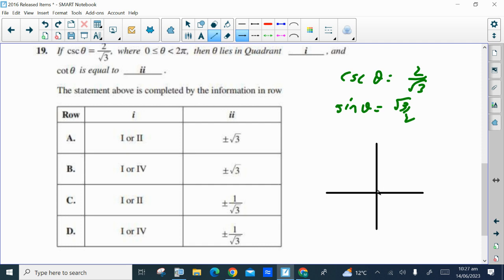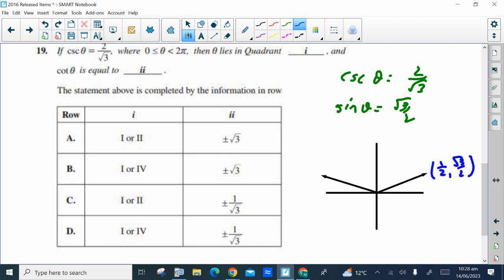And the two places where sine is root 3 over 2 is at 30 degrees and at 150 degrees. Because at those points, the coordinates are 1/2 comma root 3 over 2 and negative 1/2 comma root 3 over 2. Those are the two places where the sine of theta is root 3 over 2. Now at each of these points, the tangent, you might remember, was root 3 over 3.